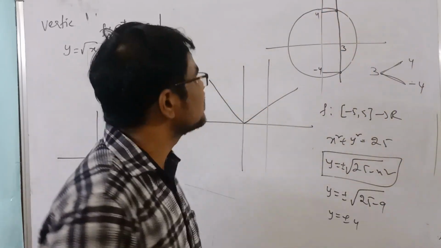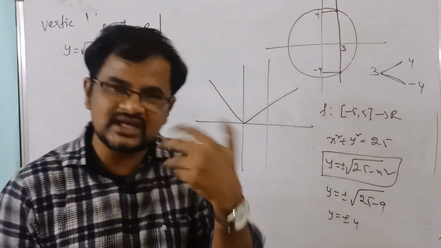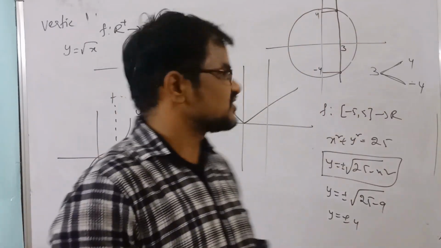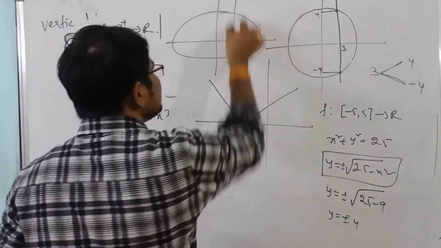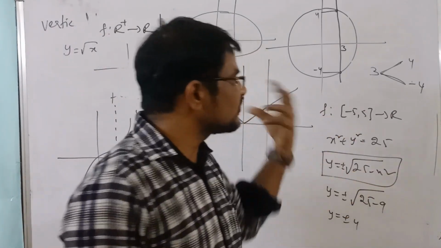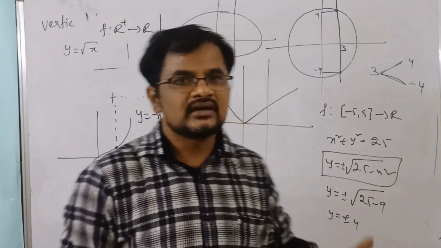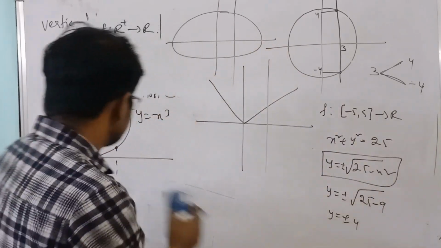By the vertical line test: if you draw a line parallel to the y-axis and it intersects the graph at more than one point, then it is not a function. And the ellipse is also not a function. So like this, by the graph you can identify whether a given relation is a function or not. Okay? Next.